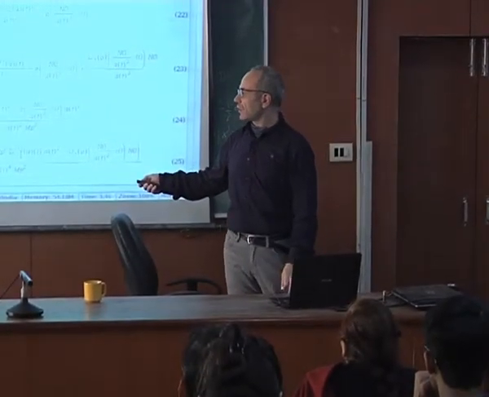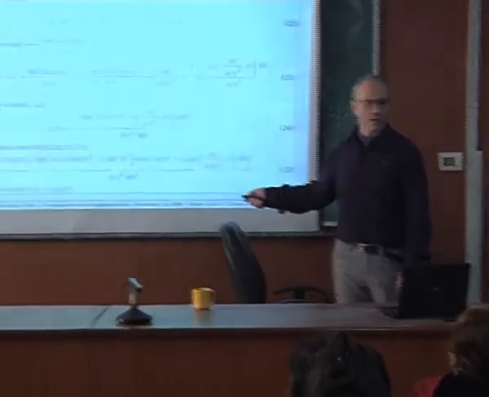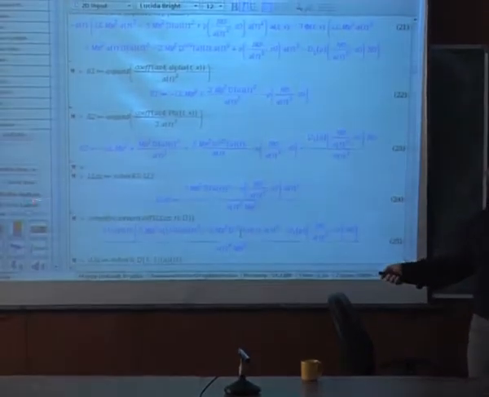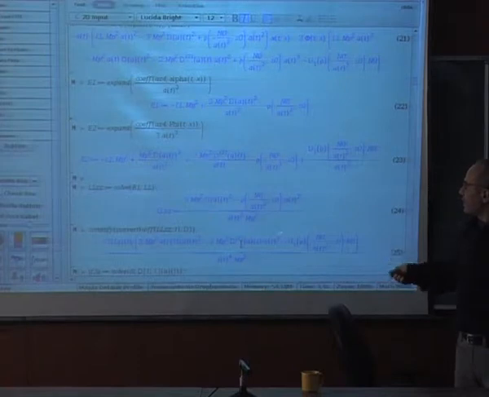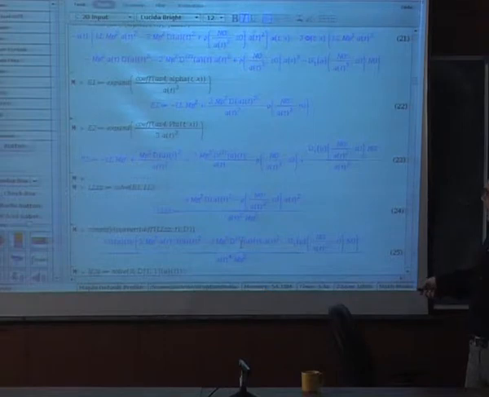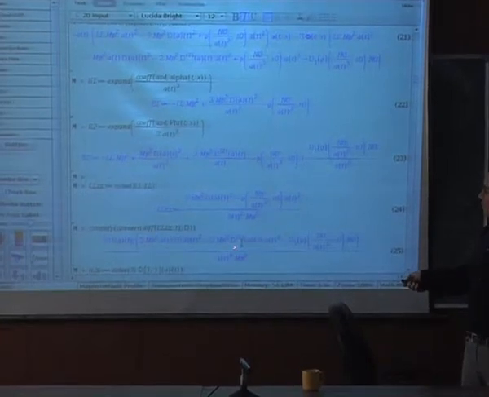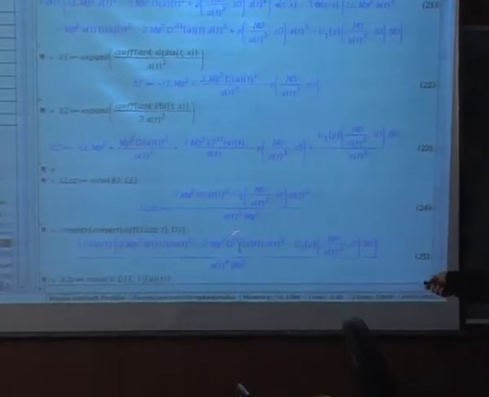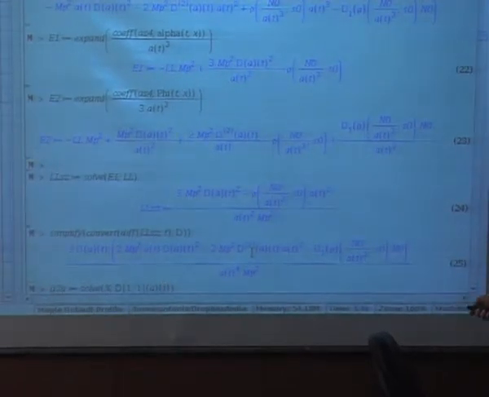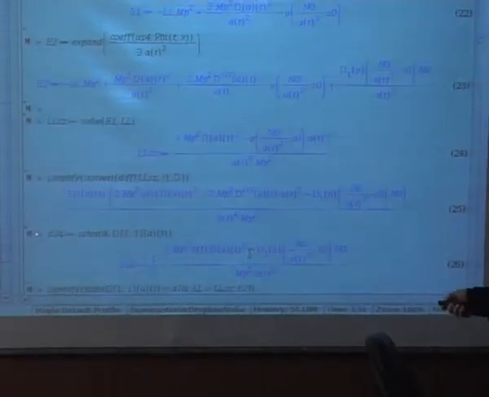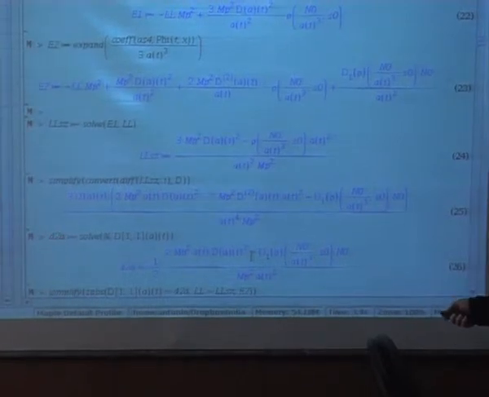This is a constant, so if I take the derivative of both members, I will get 0. So I take the derivative of this object here, and this one must be 0. And then I say, very well, so this is the derivative of this object here. And then please, Maple, solve this equation, because this must be equal to 0, for the second derivative of A with respect to time.